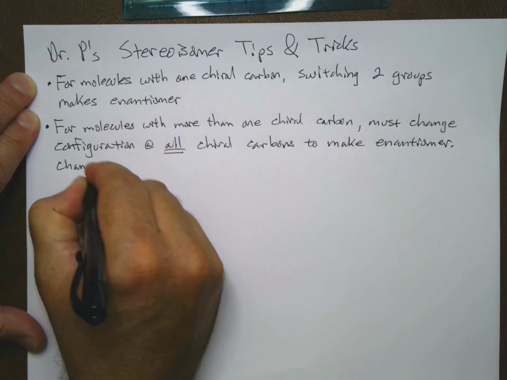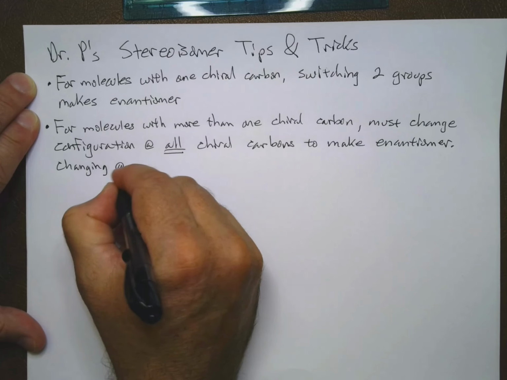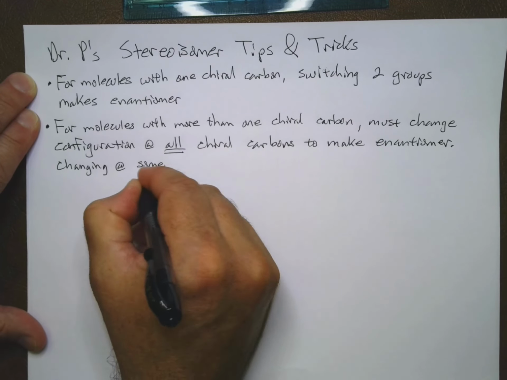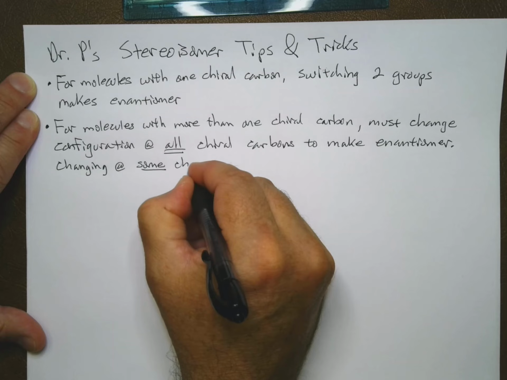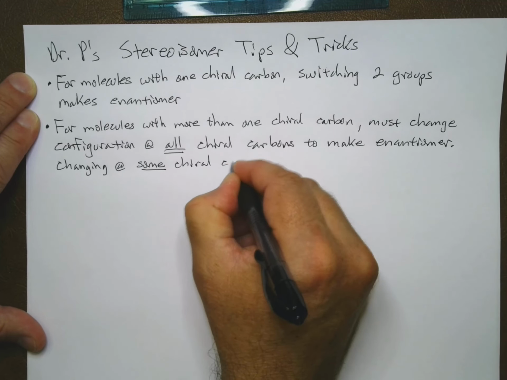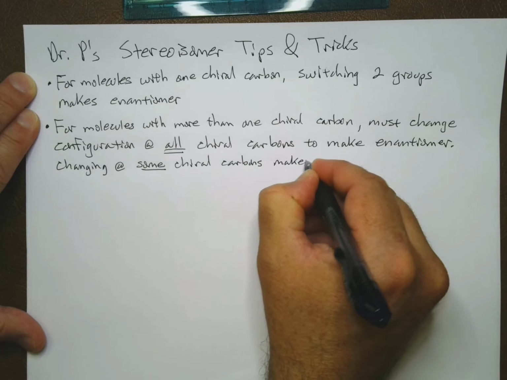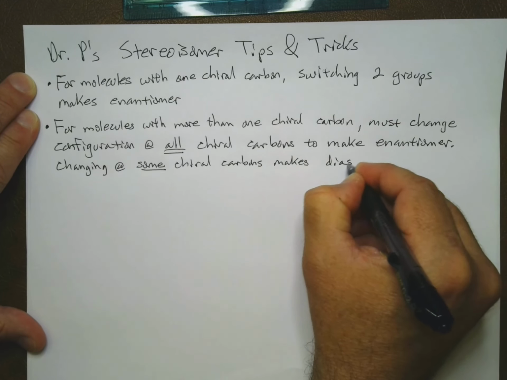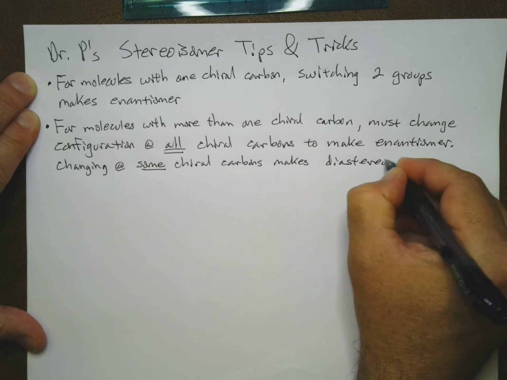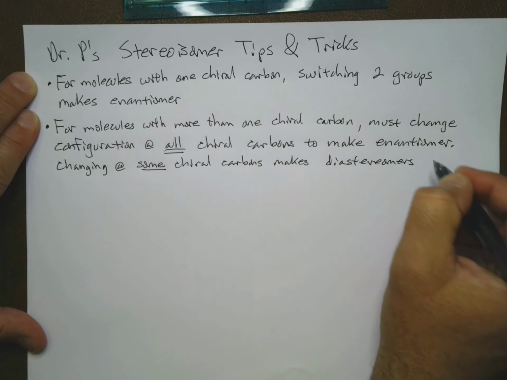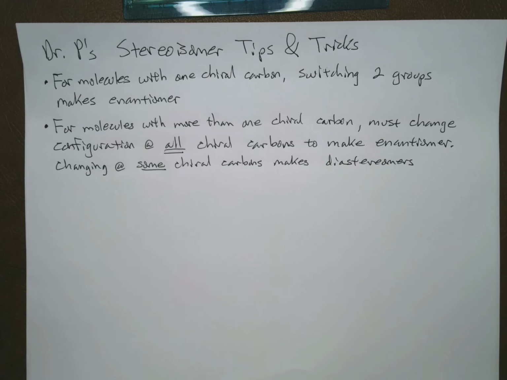Changing at some chiral carbons makes diastereomers. Let's look at an example of that.